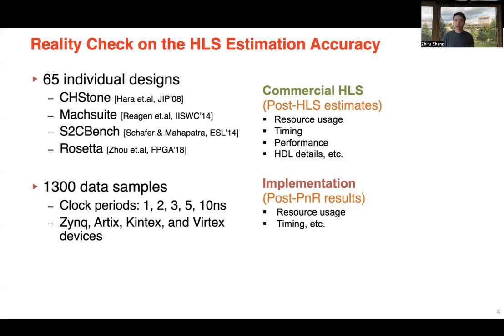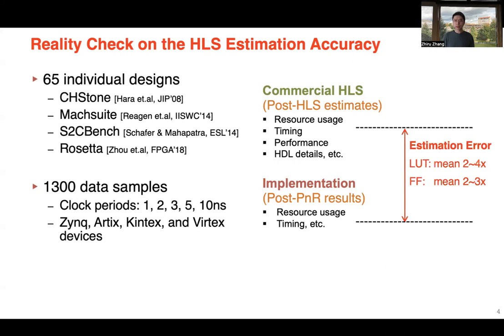We then turned these designs into more than 1,000 data samples with varying clock periods and target FPGA devices. And it actually turns out that on average, the estimation error in resource usage, like LUT count and flip-flop count, can be as large as 2 to 4x. This is even using a commercial HLS tool, which is quite worrisome.